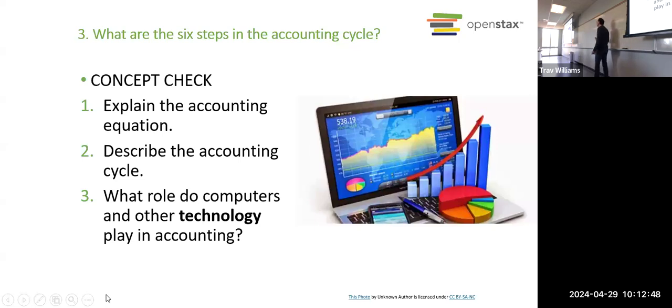So you might be wondering, well then, why will there be a need for accountants in the future? The role of accounting has shifted. An accountant is not so much the person who is tracking things and calculating.